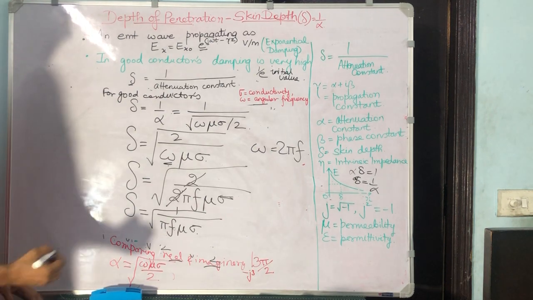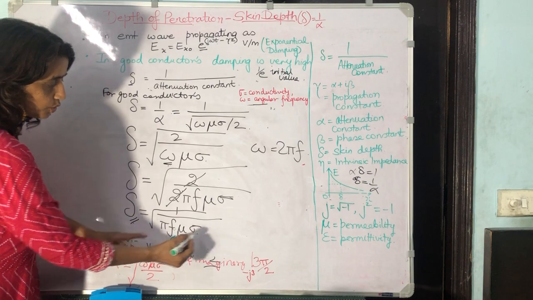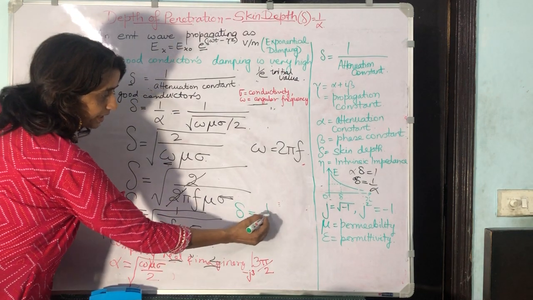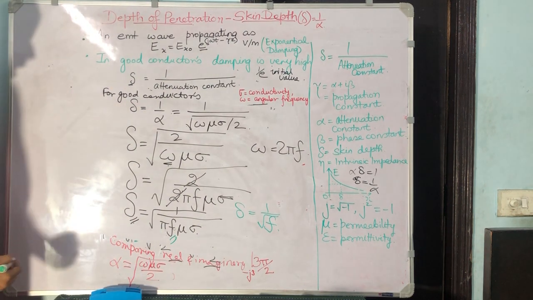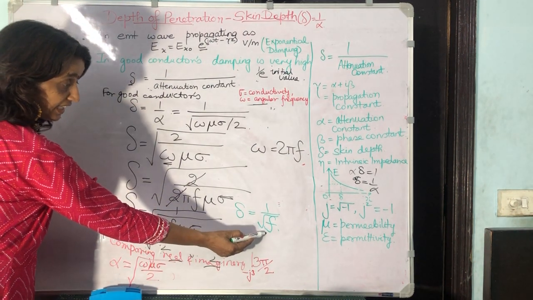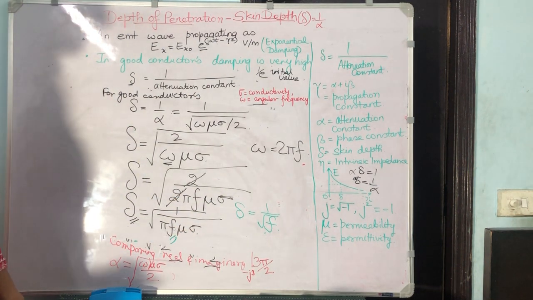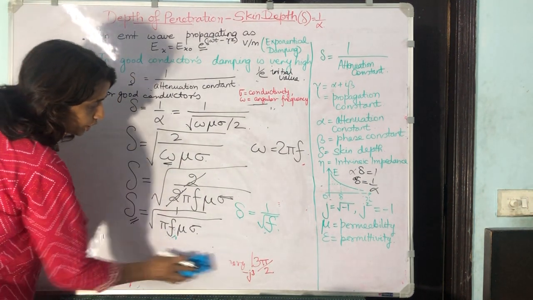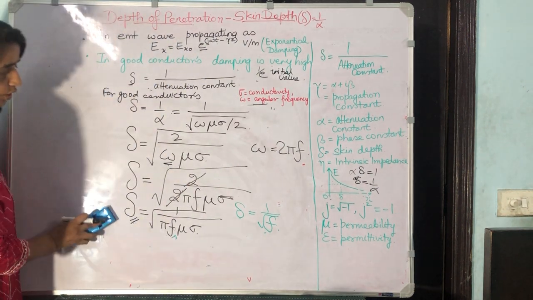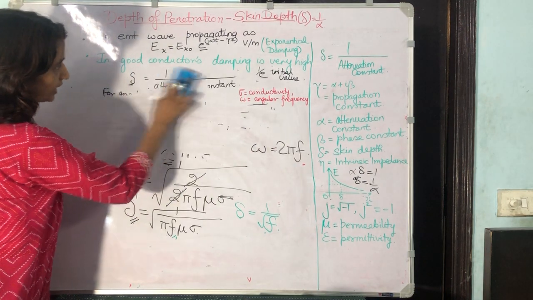Now notice that skin depth is inversely proportional to frequency. That means as the frequency increases, the skin depth decreases. Let us take one or two simple media and see what the value of skin depth comes out as.